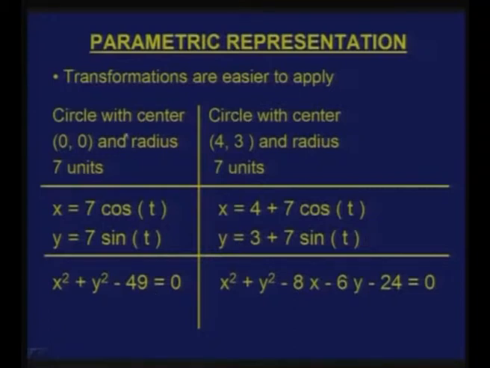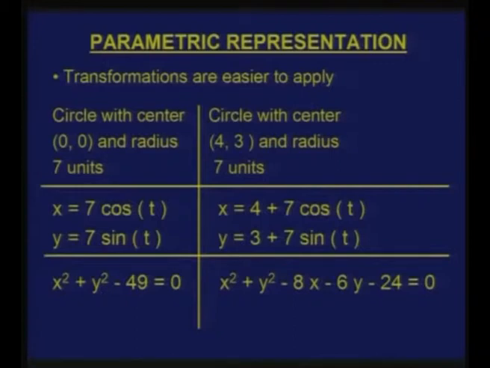If the circle has its center at 0, 0, I can write its parametric representation as x equals 7 cos t and y equals 7 sin t, where t varies over the complete range of 2 pi. The same equation in implicit form can be written as x squared plus y squared minus 49 equals 0.